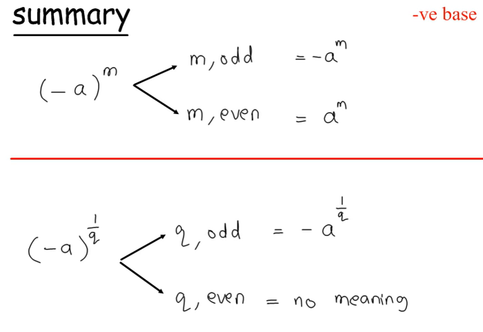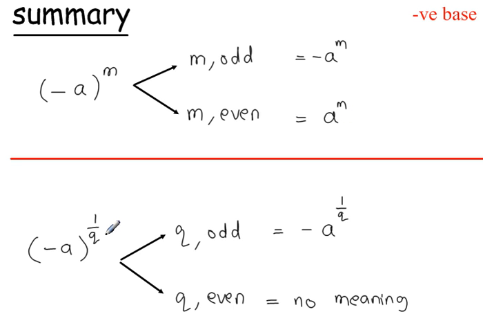So we can summarize the effects of indices on a negative base like this. So this is the first part of the video, where m is an integer, and for odd values we said the brackets can be removed. For even values we said the minus and the brackets can be removed.